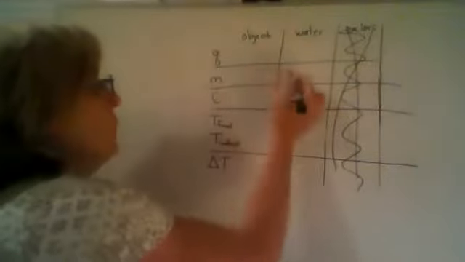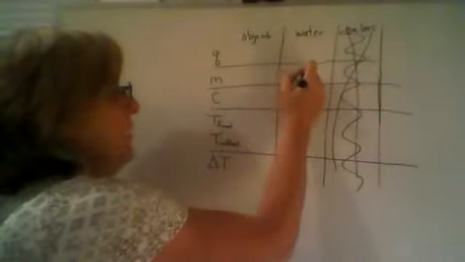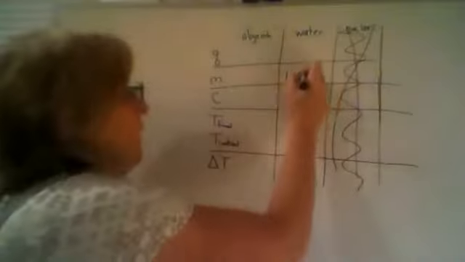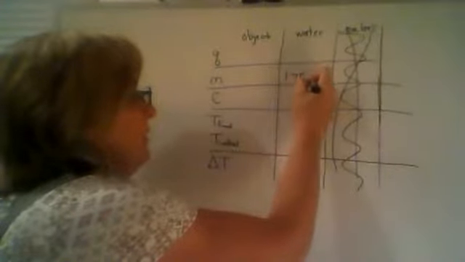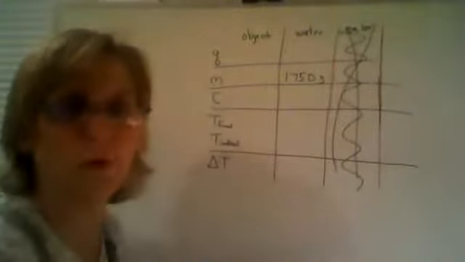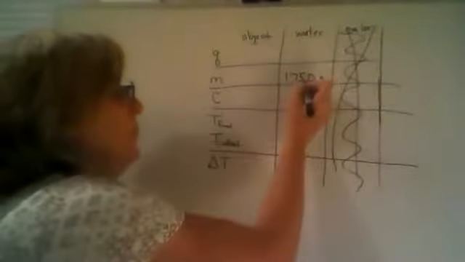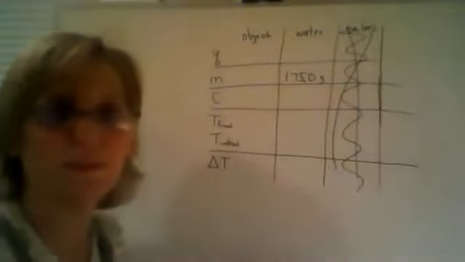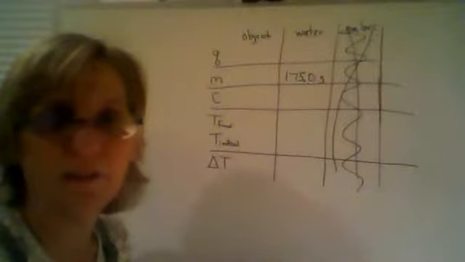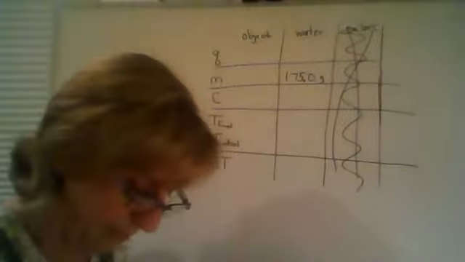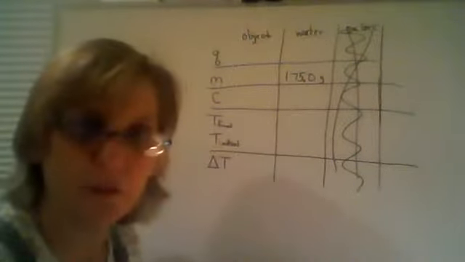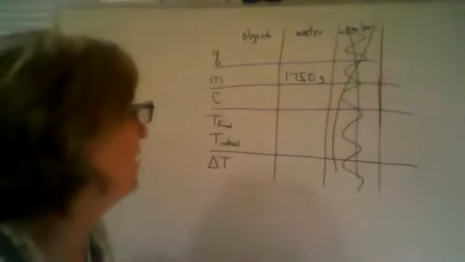That is your mass of water, 175 grams. My pointer is difficult to see. There it is. Okay, 175 grams of water at a beginning temperature of 25.3.